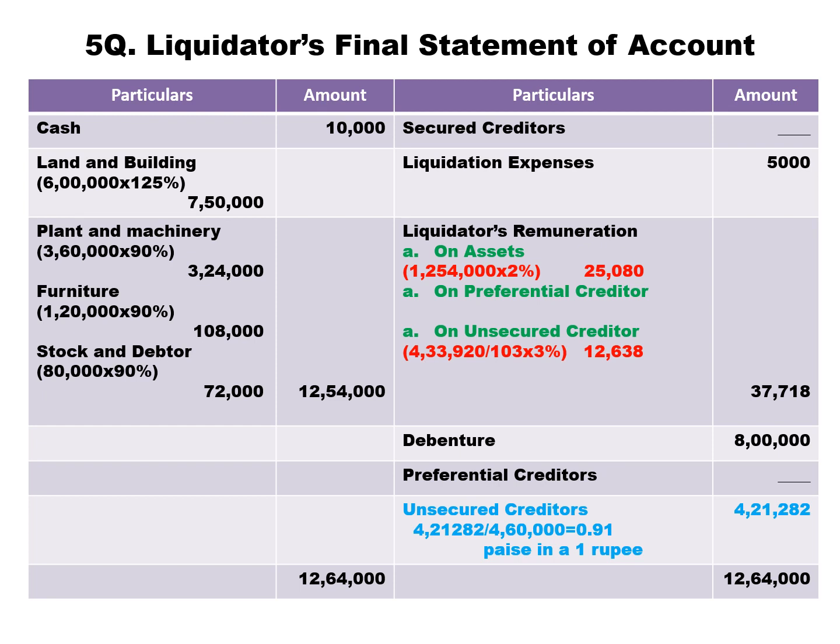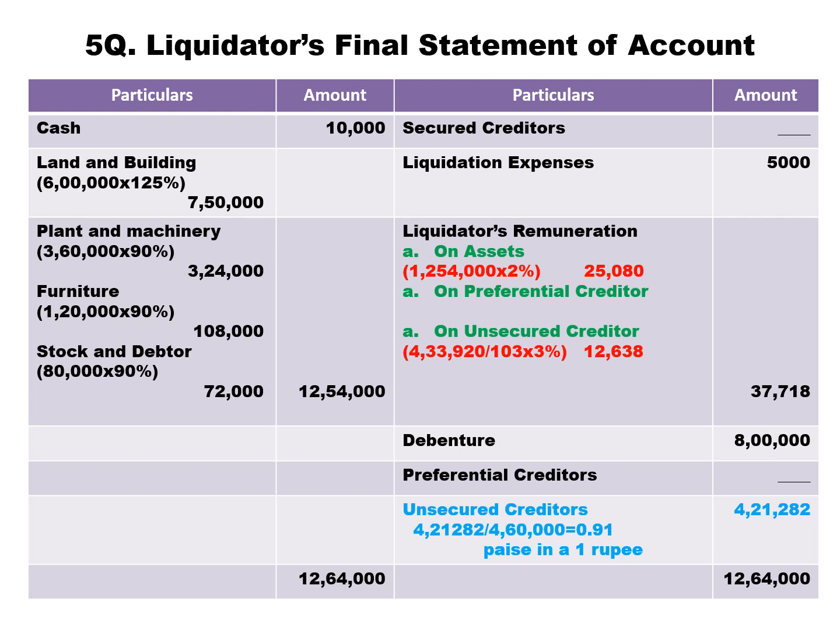Then furniture and stock and debtors are also realized at 90%. What do they mention in the question? All assets other than land and building are realized at 10% less. So plant and machinery is realized at 90%, furniture 90%, stock and debtors also 90%.